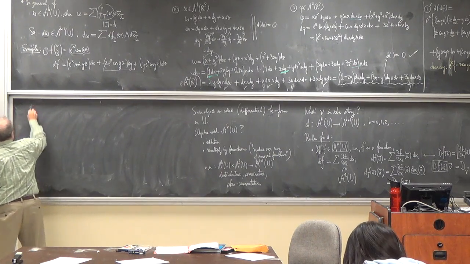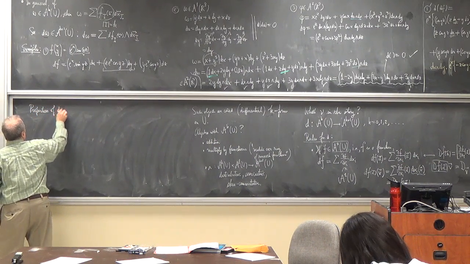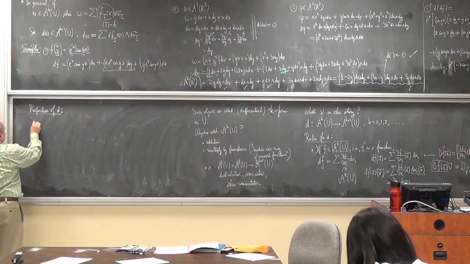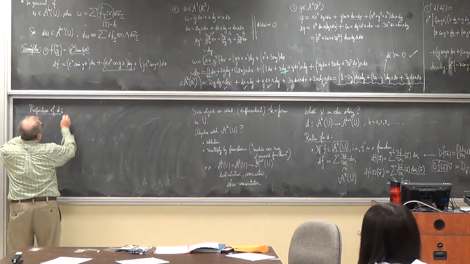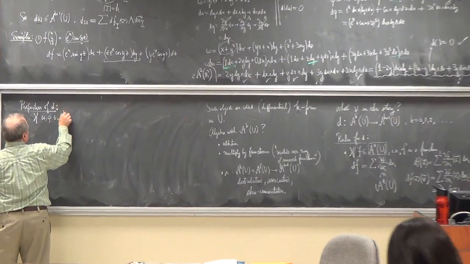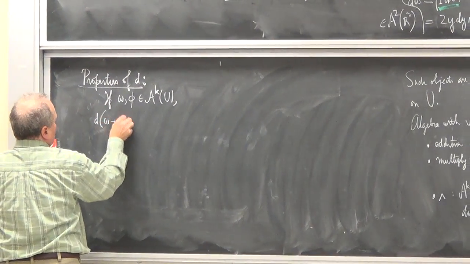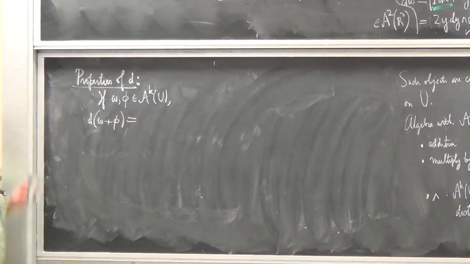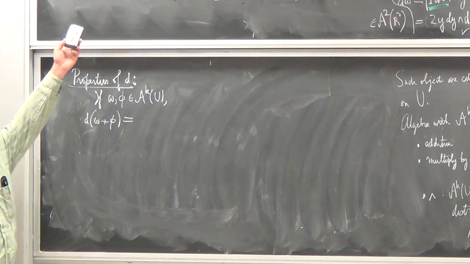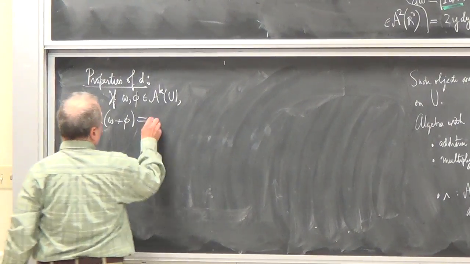So what have we got for properties of d? Certainly if omega and phi are both k-forms, and I took d of their sum, what do you think I'm going to get? The sum of the d's, because that's how we defined it, in terms of sums of things. So this is automatic.